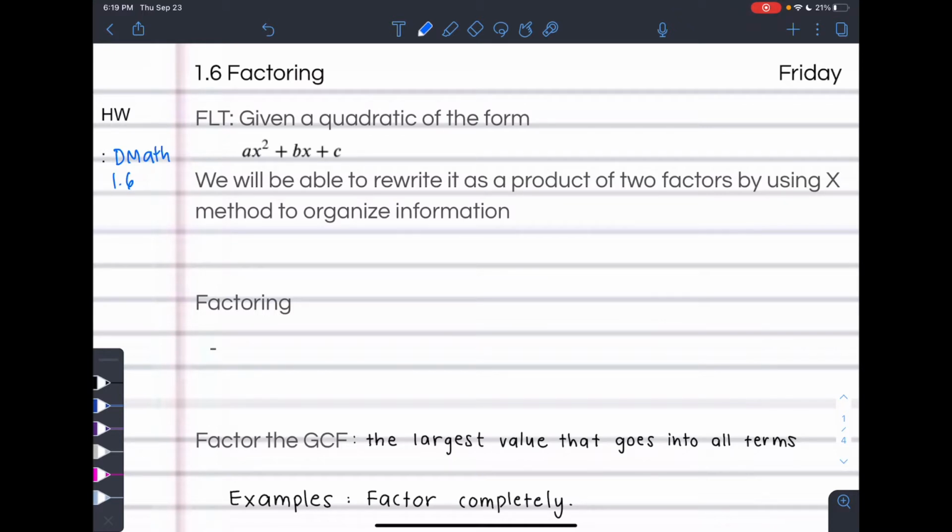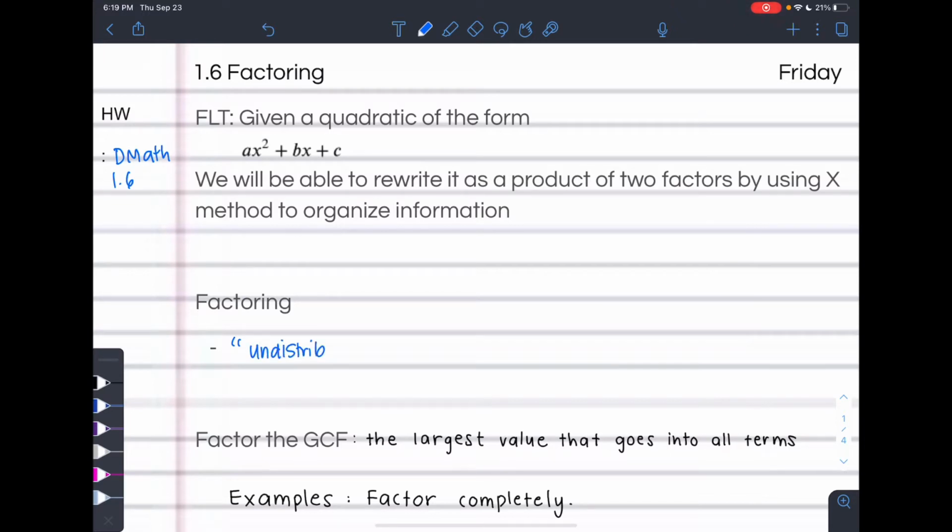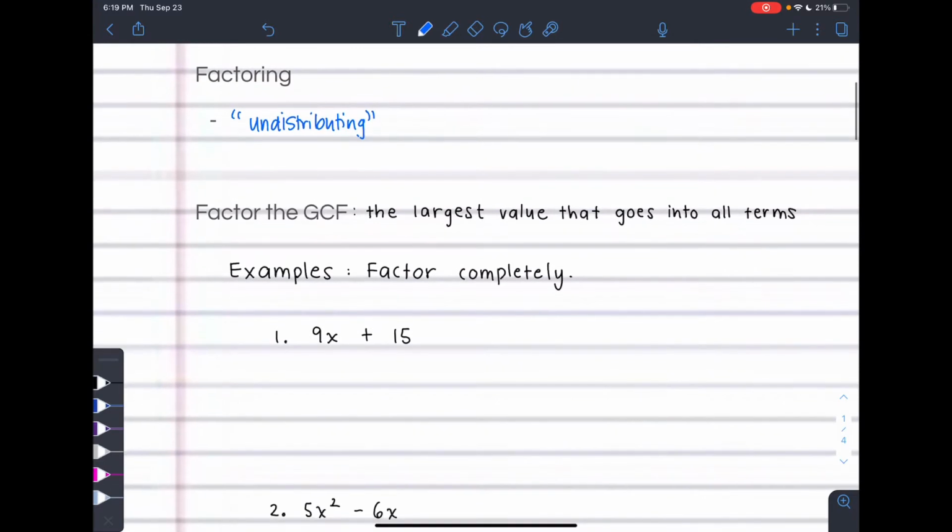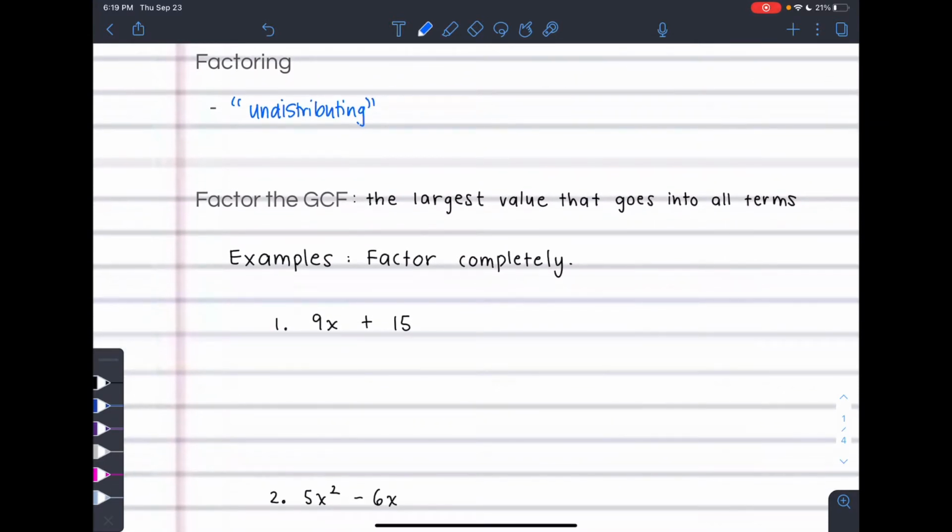All right, so as a review, factoring is basically the reverse of distribution, or undistributing. So let's get into it. When we factor out, you're basically undoing distribution.